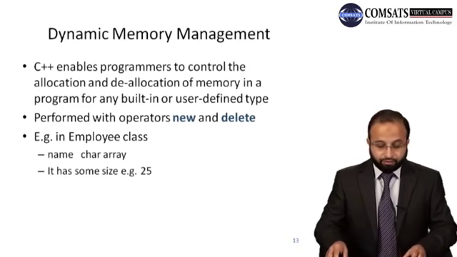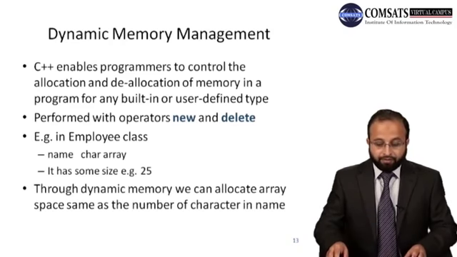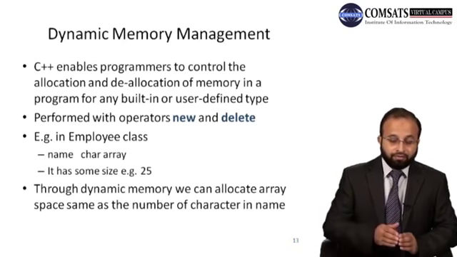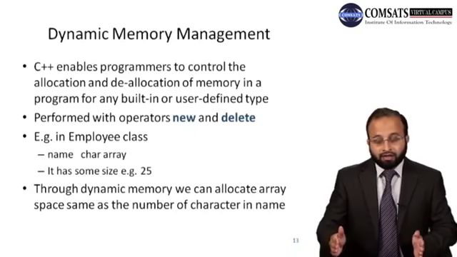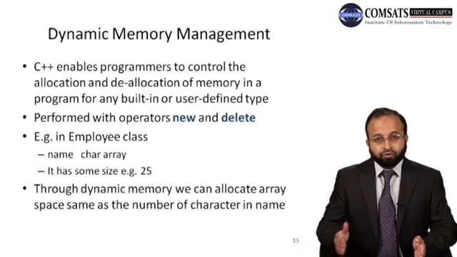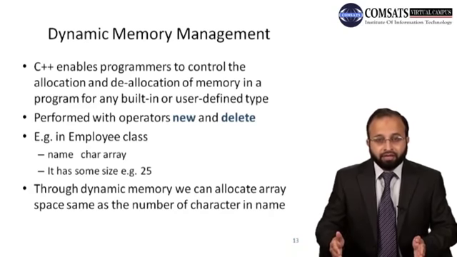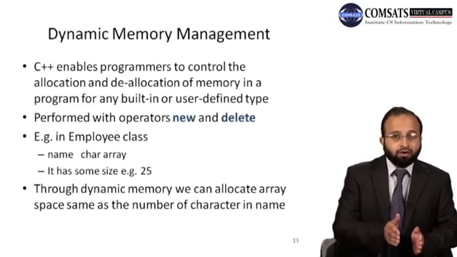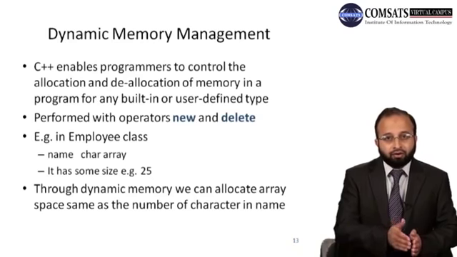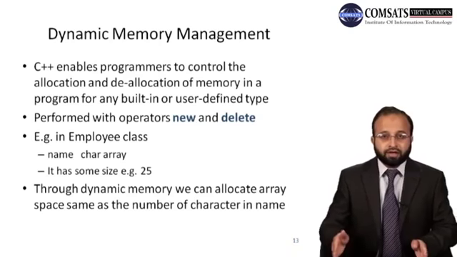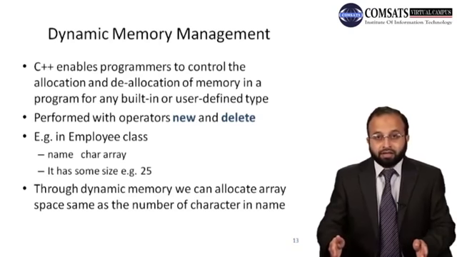So what is the better approach? Through dynamic memory we can allocate array space equal to the number of characters in the name. If the name is very long, then we allocate the memory accordingly to store all the characters of that name. If the name is very short, we also allocate the memory accordingly to store all the characters, and make sure that the rest of the bytes are not wasted.